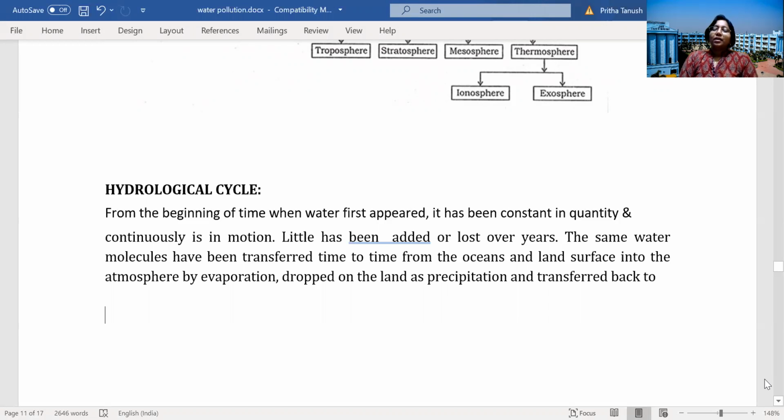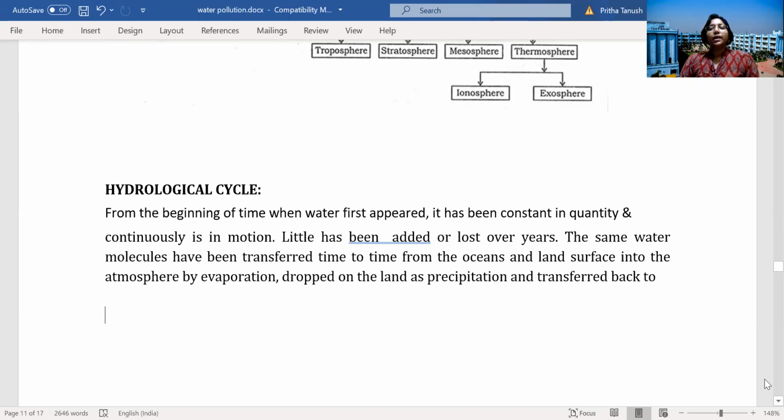Then the plants produce their food, and when this food is consumed by different consumers, primary level, secondary level, tertiary level, the nitrogen moves from plants to the different consumers.